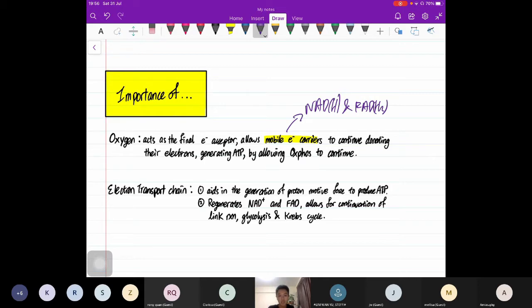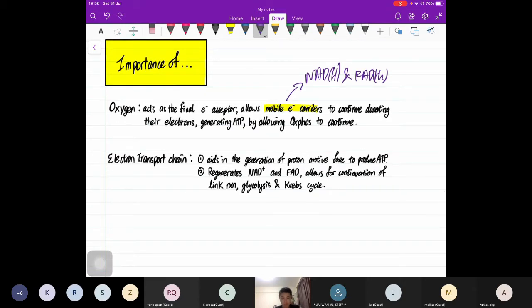Second importance is it regenerates your NAD+, it regenerates your FAD, therefore your link reaction, your glycolysis, your Krebs cycle can continue. If NAD+ is not regenerated, if FAD is not regenerated, these 3 processes cannot continue to occur. And if these 3 processes cannot continue to occur, OXPHOS cannot occur, and therefore very few ATP, or specifically 2 ATP, will be produced.